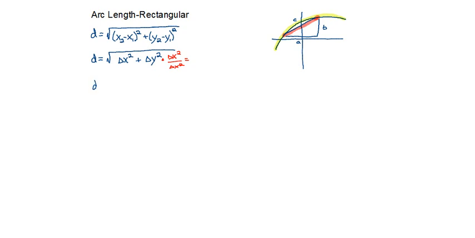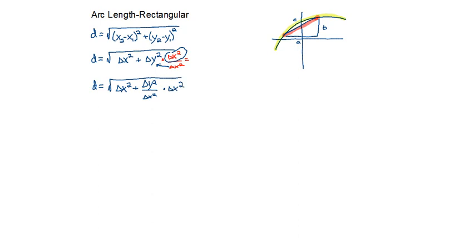The distance formula is going to equal the square root of change in x squared. And now I'm going to take this bottom change in x squared and move it into the denominator of change in y squared. So I'm going to have the change in y squared over the change in x squared times, I still have this change in x squared, so I can't forget about it.